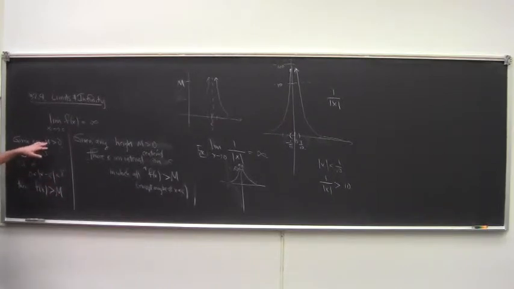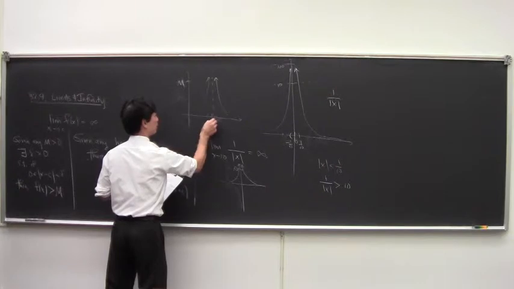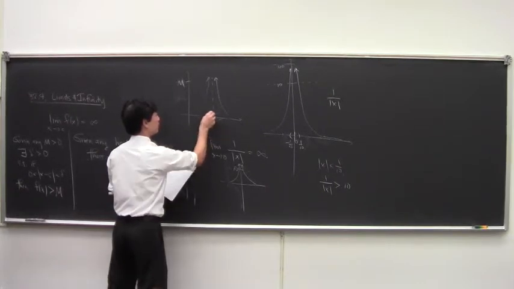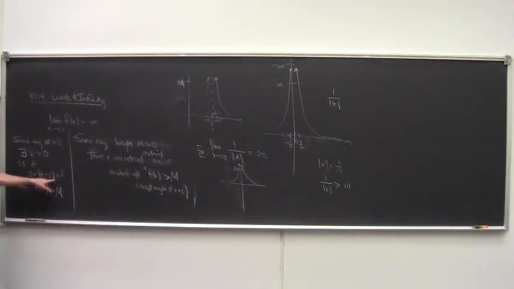Given any height, there's some distance to c, so that if the distance of your point to c is less than delta, but greater than 0, so you avoid c itself, then the height of your output is higher than M. So it's exactly the same thing. Does everyone see that it's exactly the same thing? If you don't see that, then please ask. Joe, you have a question.